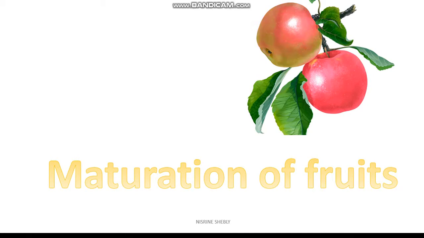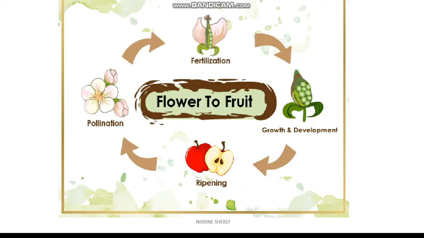Last step is maturation of fruits. What happens to the flower after the formation of the fertilized egg inside the ovary? This is the flower.